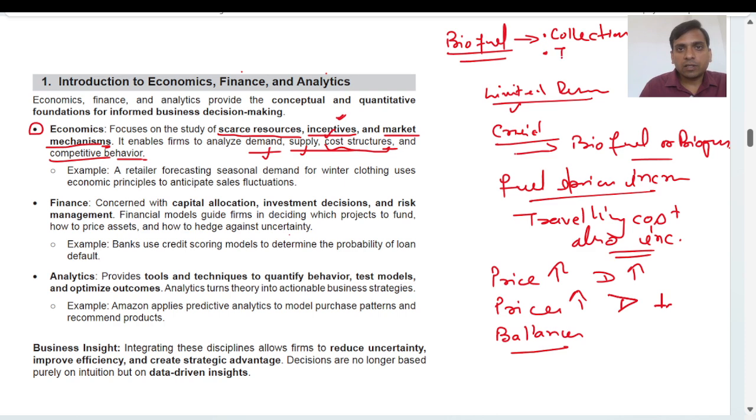Second, we consider transportation cost between multiple echelons. Multiple echelons means first we collect biomass from fields, then at a collection point, and this is transported to the biorefinery and then to a retailer or petrol pump.